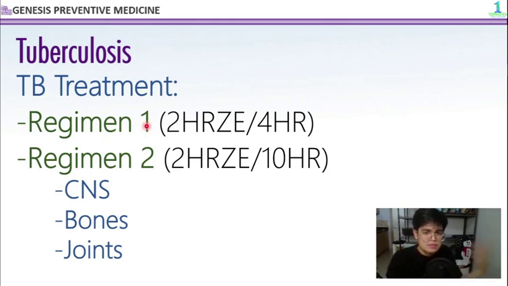Regimen 1 is same as always, 2 HRZE, 4 HR. And Regimen 2 is specific for patients with TB of the CNS, so meningitis, bones, and joints. These three will require longer maintenance phases, up to 10 months, for a total of 12, twice that of Regimen 1.